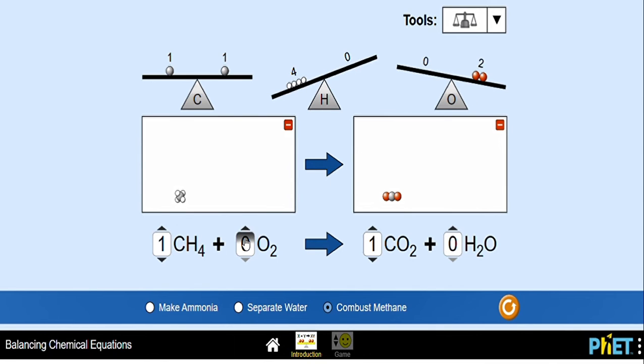We have to see, firstly go with oxygen. So let's go with the oxygen. Oxygen seems to be balanced on both sides, right? Here also just increasing by 1. But hydrogen is not balanced. Here is 4, here is nothing. So just increase.